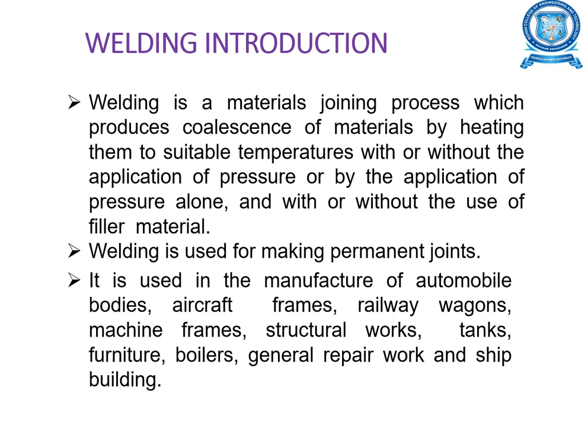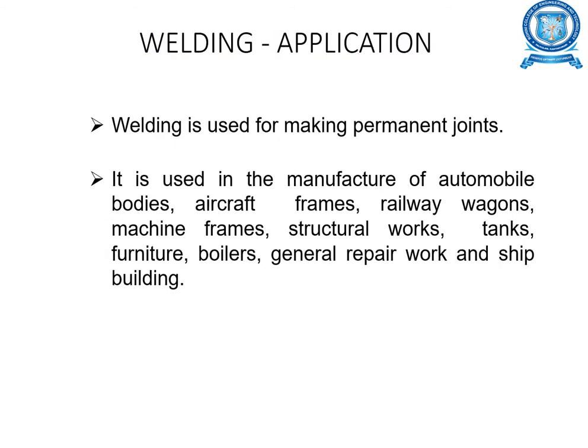So welding is used for making a permanent joint in metals, and it is used in the manufacture of automobile bodies, aircraft frames, railway wagons, machine frames, structural works, tanks, furnitures, boilers, general repair works, and shipbuilding.